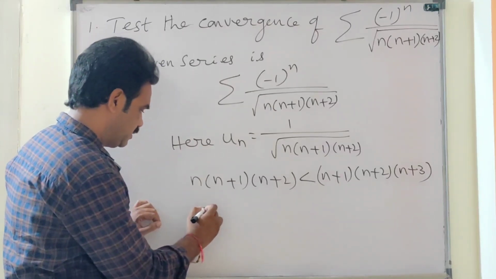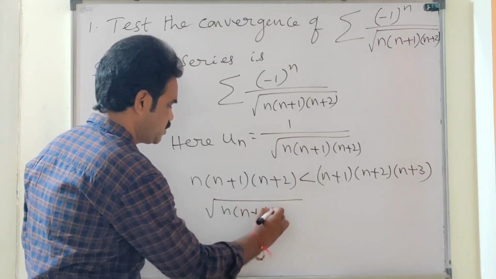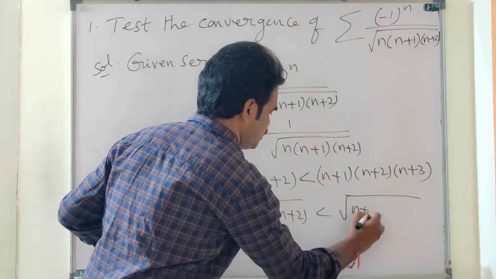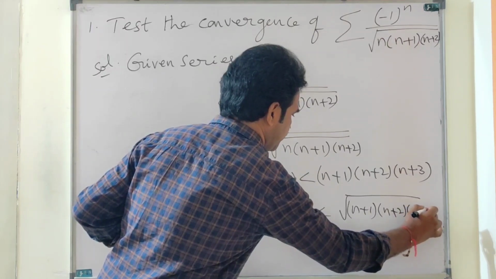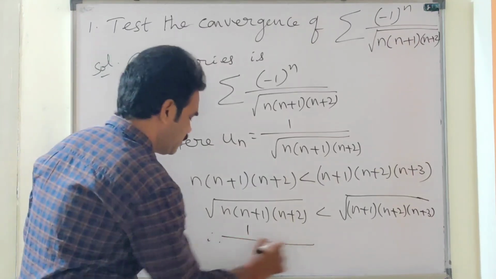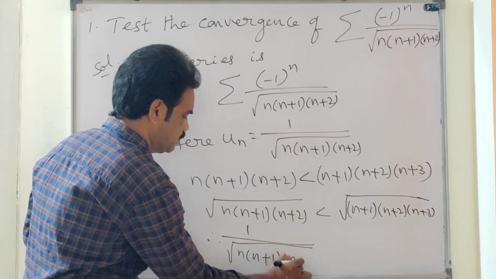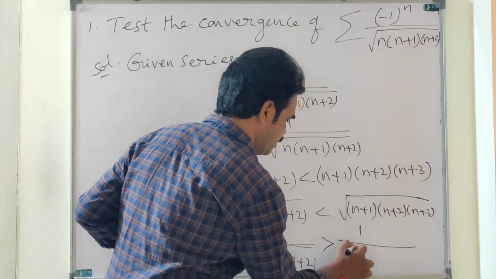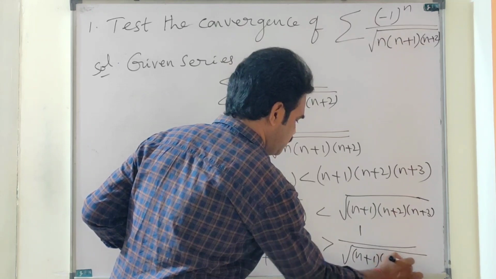Therefore square root of n into n plus 1 into n plus 2 is less than square root of n plus 1 into n plus 2 into n plus 3, and therefore 1 by square root of n into n plus 1 into n plus 2 is greater than 1 by square root of n plus 1 into n plus 2 into n plus 3.